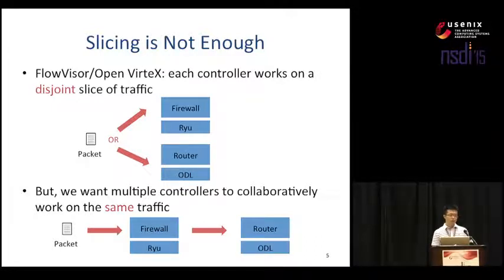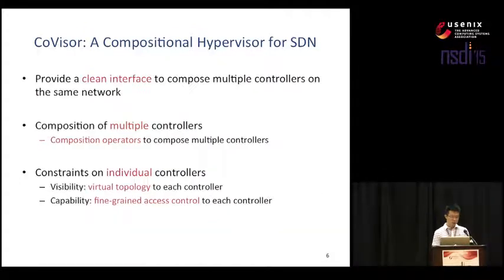To solve this problem, we propose CoVisor, a compositional hypervisor for software-defined networks. CoVisor provides a clean interface to compose multiple controllers on the same network. The interface includes two parts. In the first part, we provide several composition operators to compose multiple controllers.